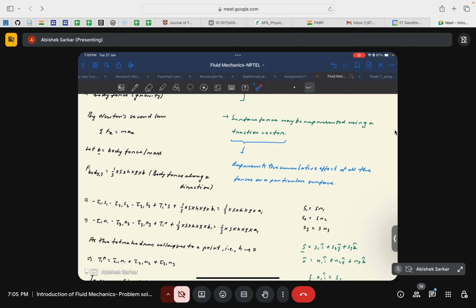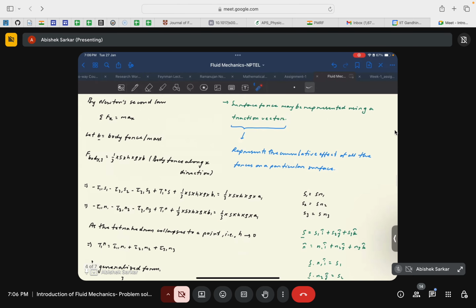So force would be traction vector times the area, right? Plus the net body force: this is the volume of the fluid element, rho is density, and this gives you the mass, times the body force per unit mass. The net mass times acceleration is the ma term along the x direction.